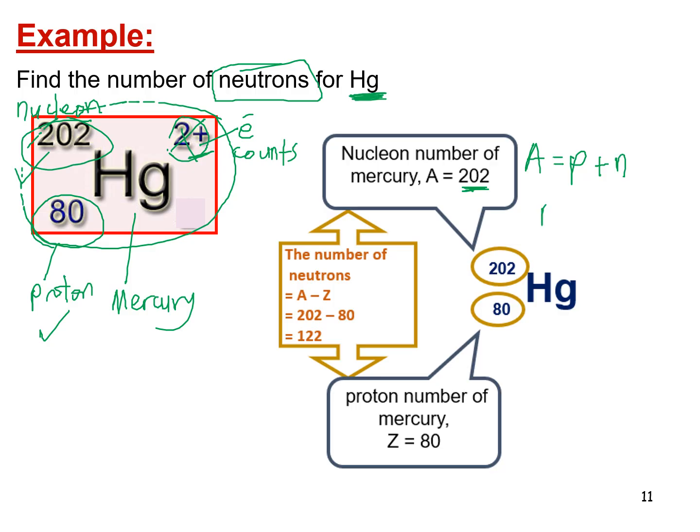Untuk you cari number of neutron, basically nucleon number kena tolakkan dengan number of proton. So 202 minus 80, and therefore you will get 122. So the number of neutrons for mercury is actually 122.